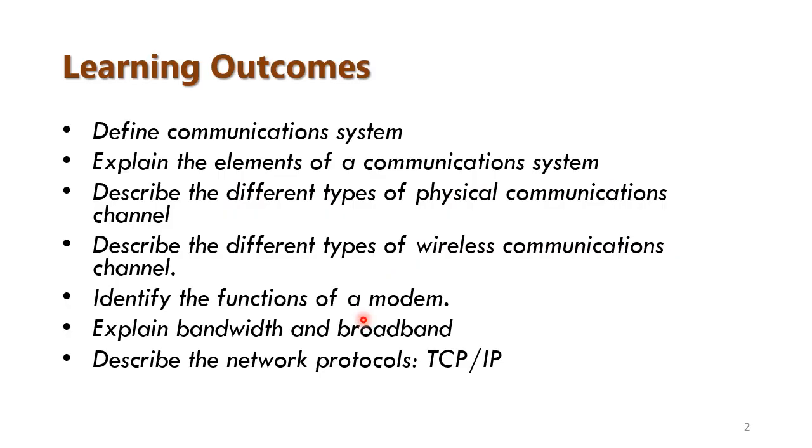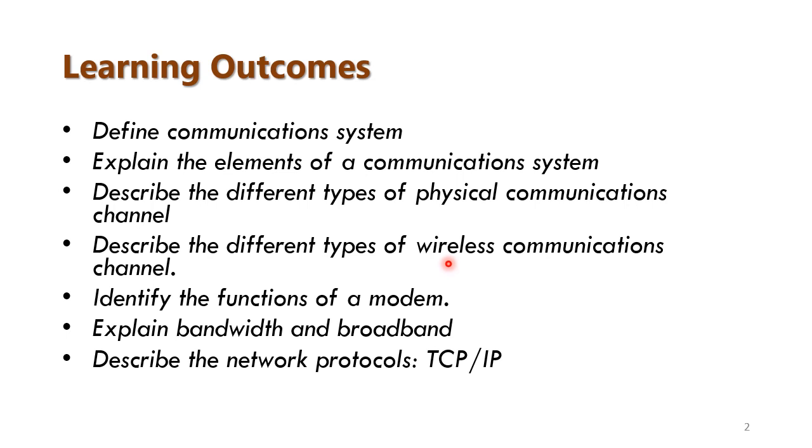So what you are going to learn from this chapter, at the end of this chapter, you should be able to define communication system. You'll be able to explain all the elements of any communication system. You will also be able to differentiate between physical and wireless communications channel.